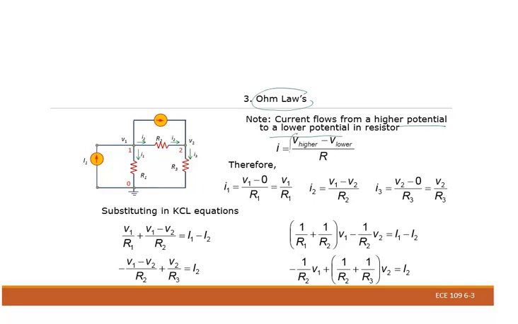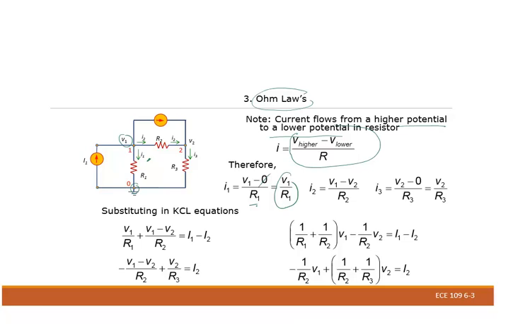So current will be equal to V higher minus V lower divided by R. If I want to find i1, it will be V1 minus 0 divided by R1. The 0 is gone, so i1 will be equal to V1 over R1.